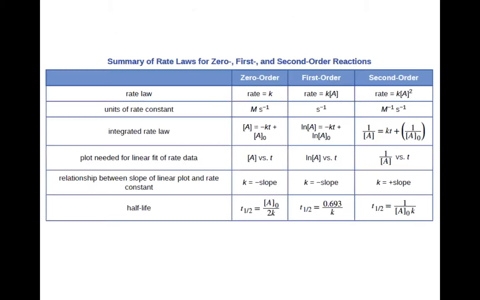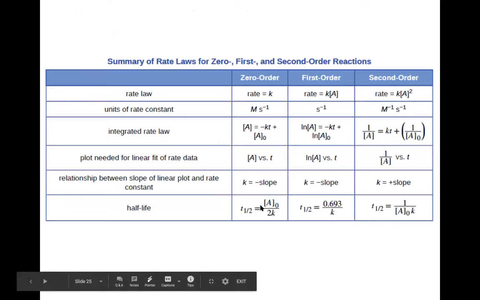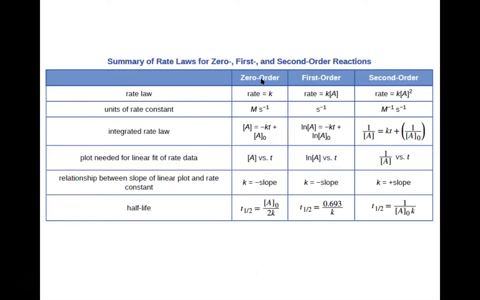And here's a table that summarizes all of these things. If we are looking at zero order, it gives you the relationship between rate and the constant. Again, it's A to the zero, so it just goes away. First order, it's A to the first, and second order rate is equal to A squared.